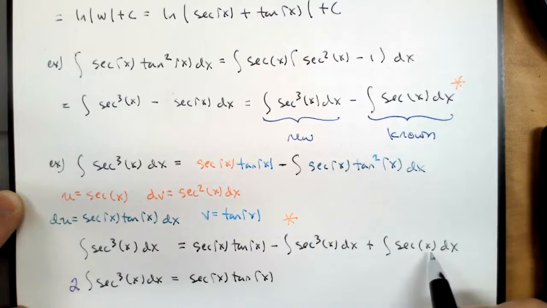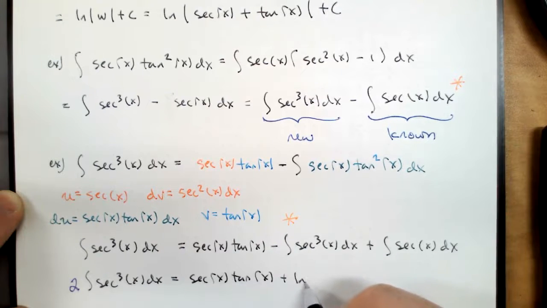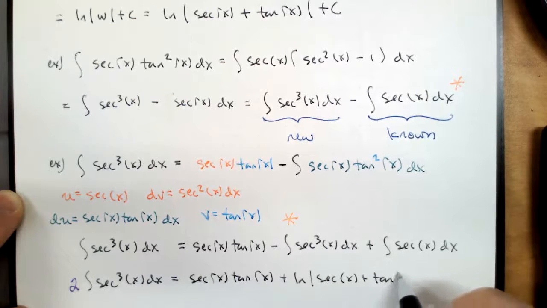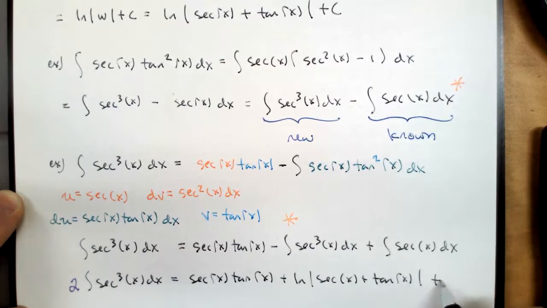I move this one away, and the integral of secant x is a natural log of the absolute value of secant x plus tangent x. And then we can just divide everything by 2.